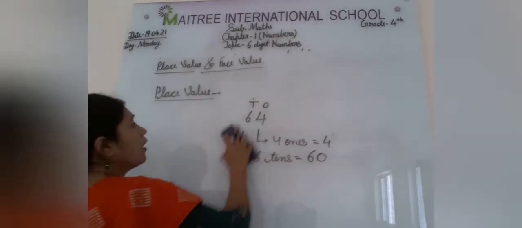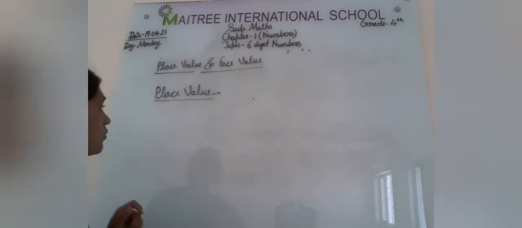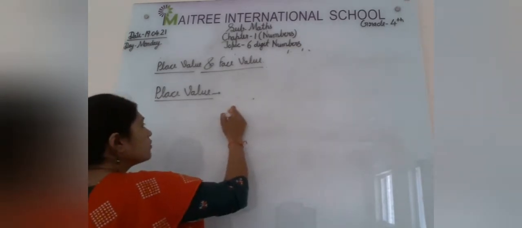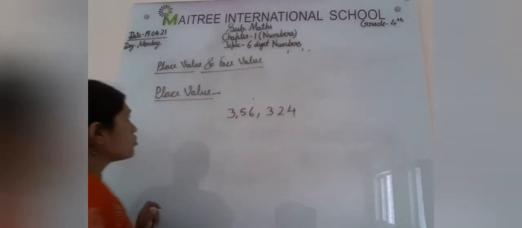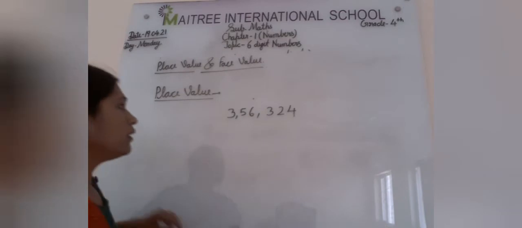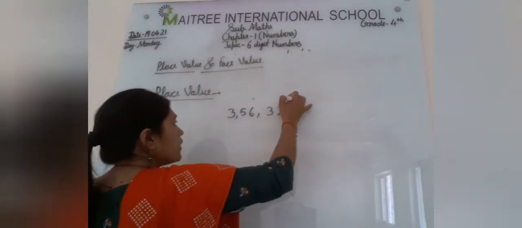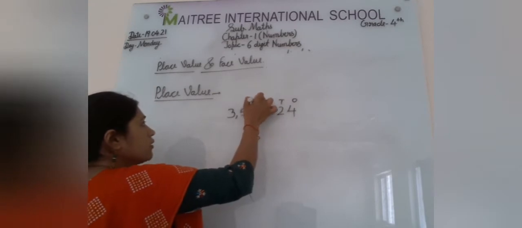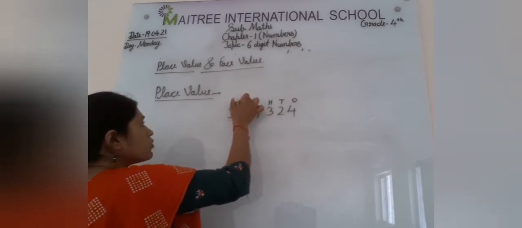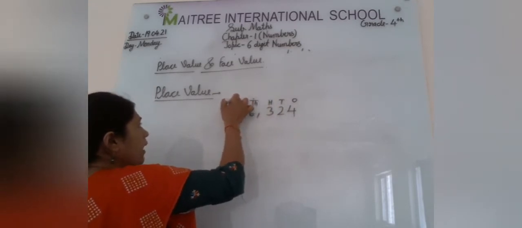So let's take a big number. If I am talking about the place value, let me mention their houses: ones, tens, 100, 1000, 10,000 and lakh.